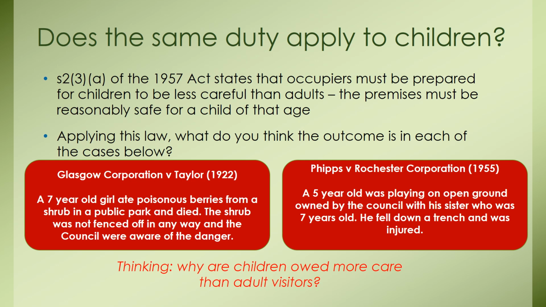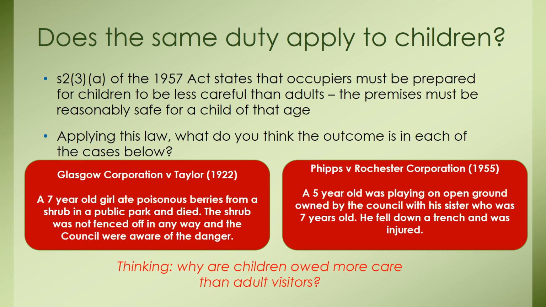So they are claiming that an occupier of premises has been negligent and therefore resulted in injury or death of the child. And of course it's for the courts to decide. There may be a duty here if that child is a visitor, but have they breached the duty of care that they owe?